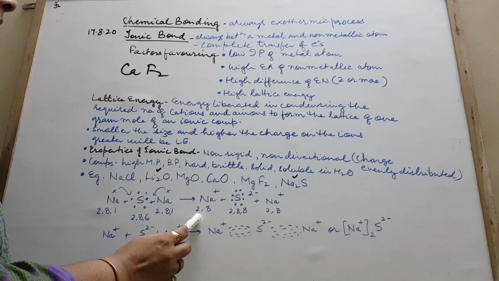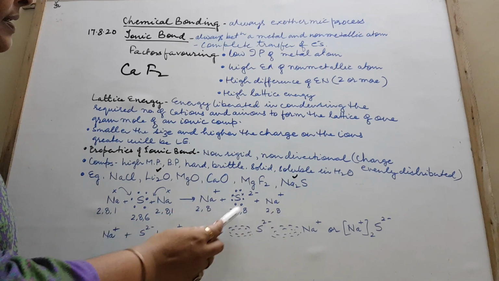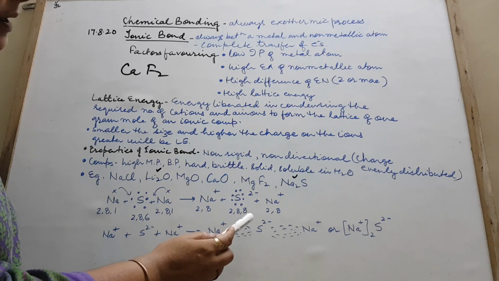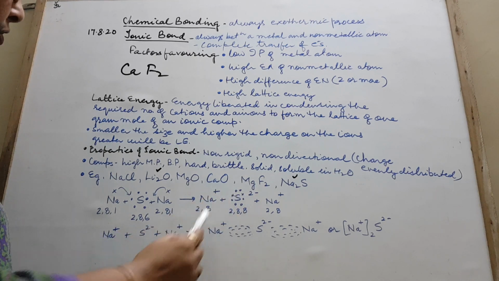electrons. Now what happens? Na becomes 2,8 with a positive charge, and sulfur becomes 2,8,8 and the charge is 2 minus. Now you see here Na plus, Na plus, S 2 minus. I am not showing electrons anymore now here.